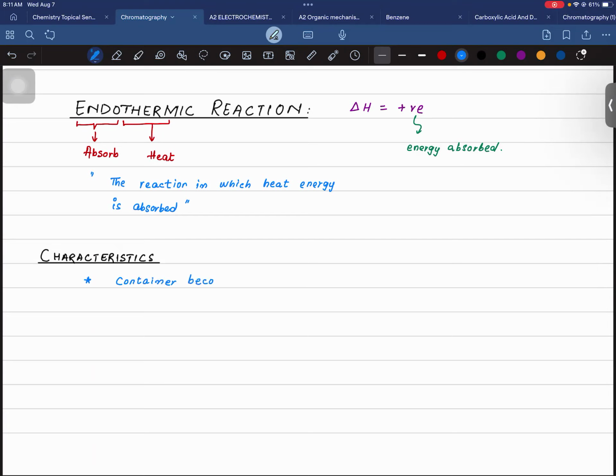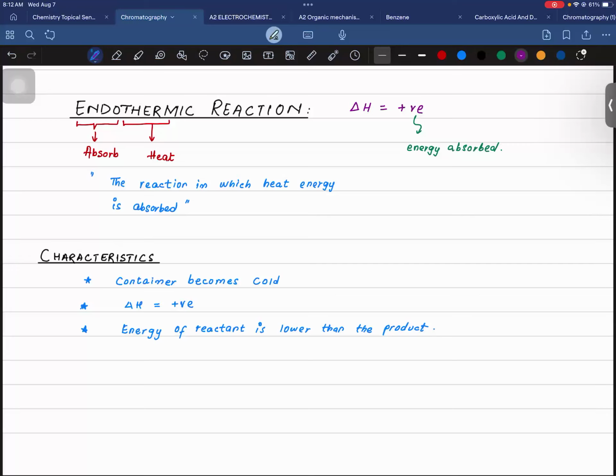Number two, delta H is positive. Number three, energy of a reactant is lower than the product, right?